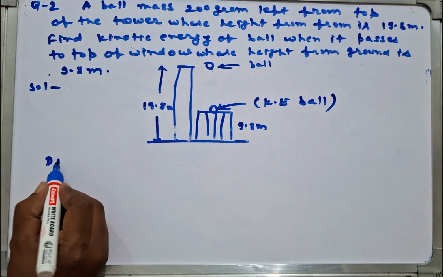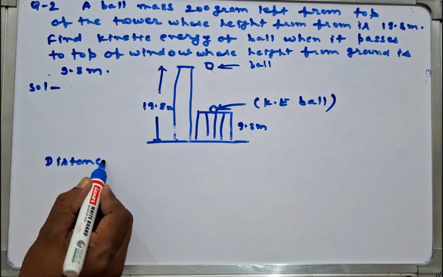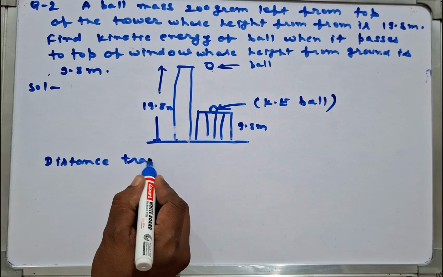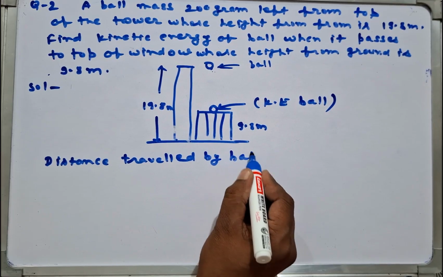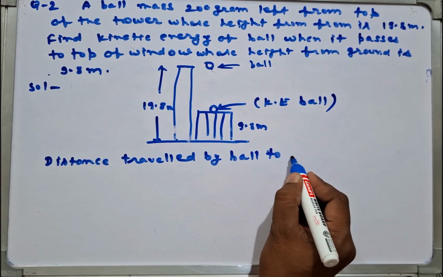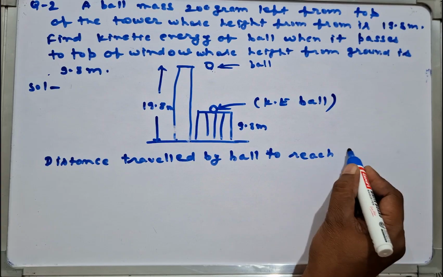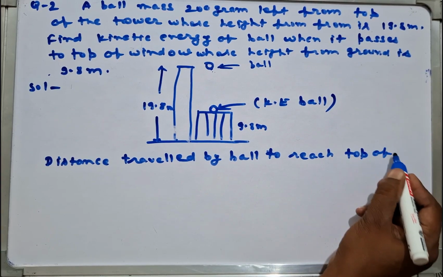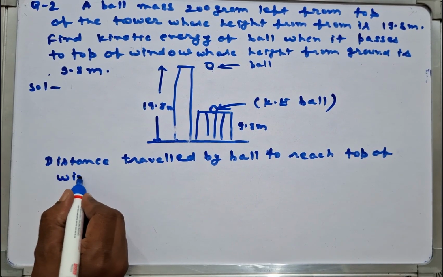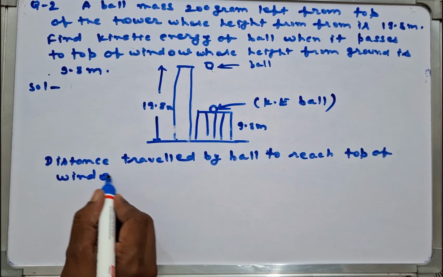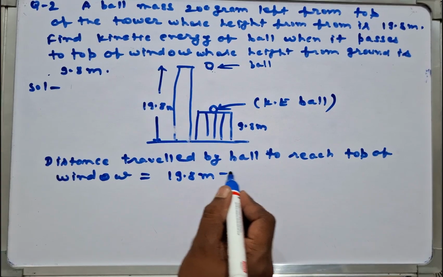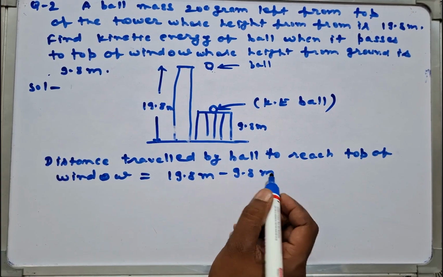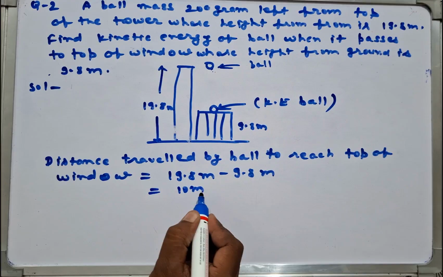So the distance traveled by the ball to reach the top of the window is equal to 19.8 meter minus 9.8 meter, so this is 10 meter.